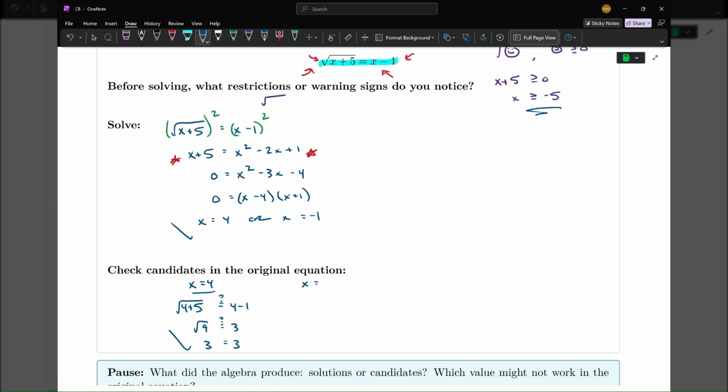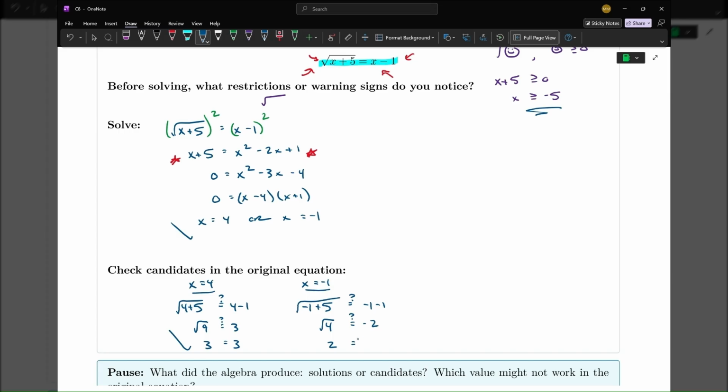Let's check negative 1. The way I'm saying this, you can probably see there's going to be a problem with negative 1, even though we didn't think there would be. So if I jump in here, the square root of negative 1 plus 5 may be equal to negative 1 minus 1. So that's root 4 may be equal to negative 2.